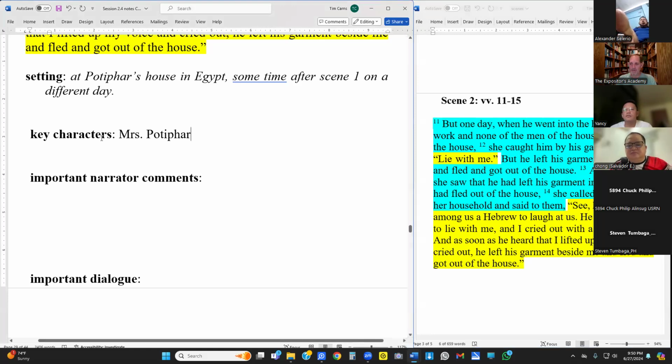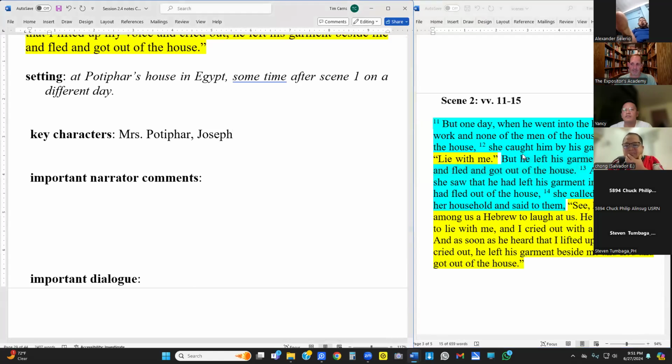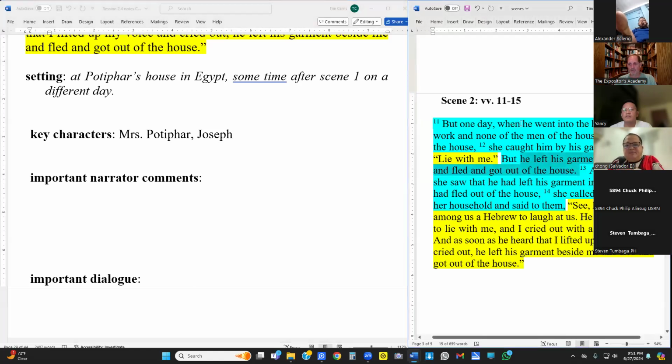And Joseph doesn't say anything, but we do have Joseph taking action. He leaves, he runs. So Potiphar's wife is really the main character in this scene, but Joseph is also in this scene because Joseph went into the house to do his work, and then she tries to seduce him again, but he runs off.